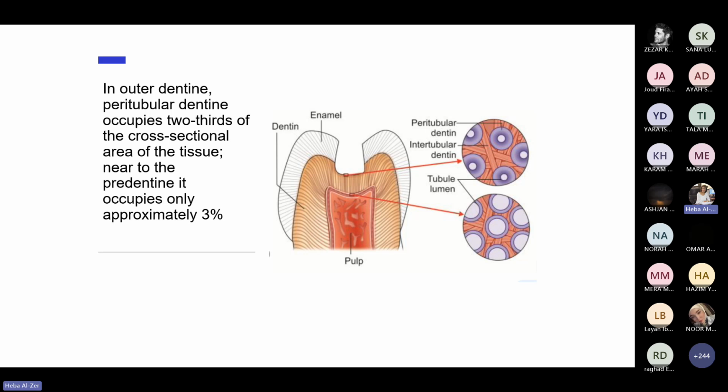Again, if we take a section at the pulpal end and a section at the dentino-enamel junction, the peritubular dentine occupies more surface at the dentino-enamel junction because the odontoblastic process becomes smaller or actually sometimes not there. But at the pulpal floor, the odontoblastic process is bigger. You can see that here, if you can't imagine it.